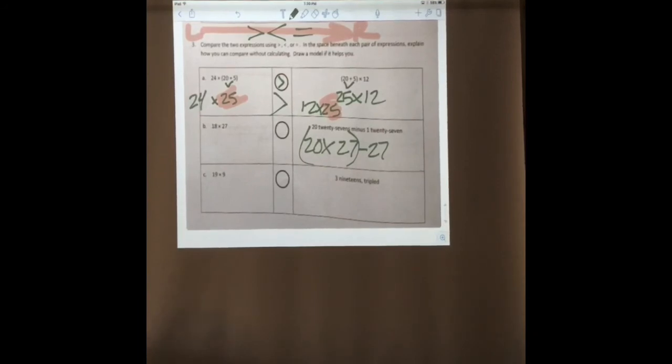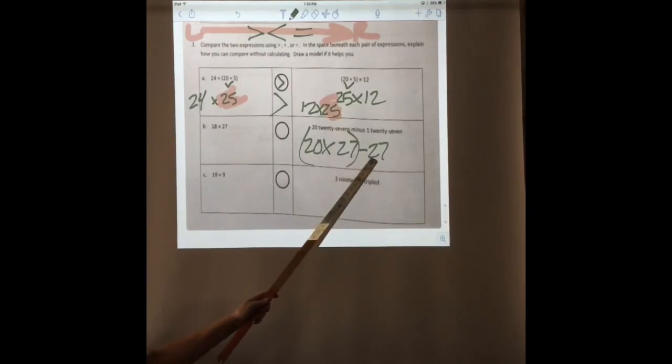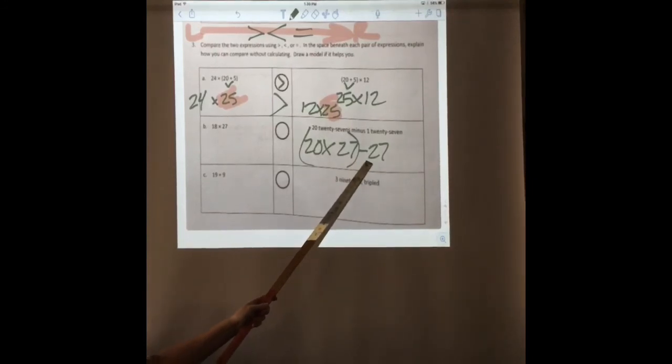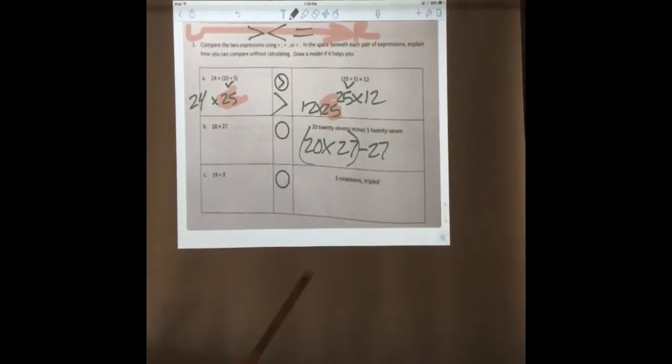Now hold on. I see a 27 here, and I see a 27 there, don't you? And we're going to take away 1 27, aren't we? So we're going to subtract 1 27. So we could rewrite this problem. How could we rewrite it? 19 times 27, right?